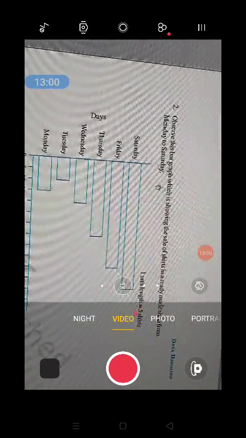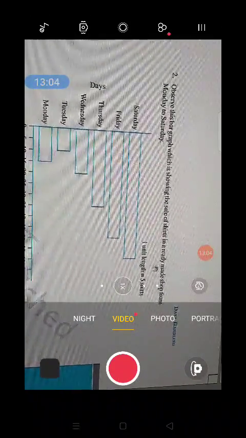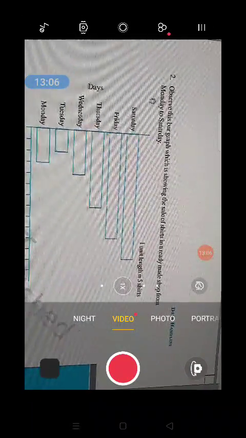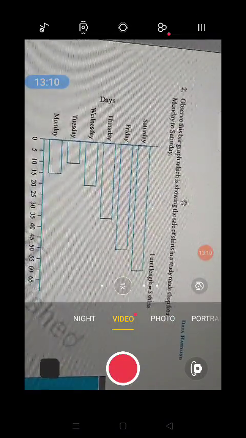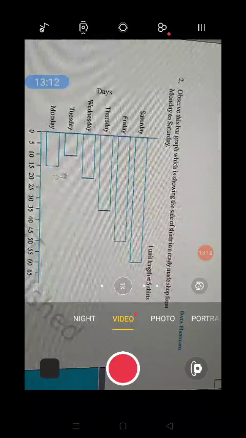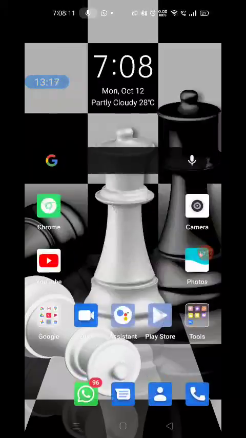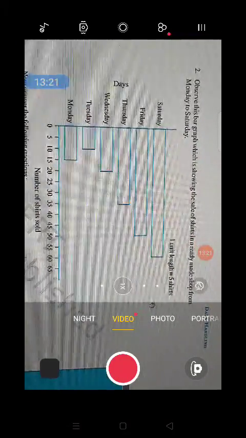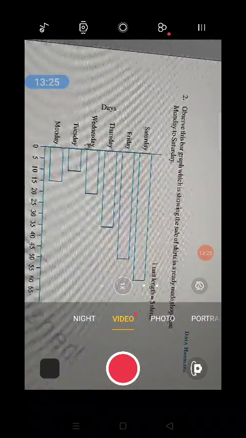Observe this bar graph which is showing the sale of shirts in our ready-made shop from Monday to Saturday. Okay, from Monday to Saturday, the sale of shirt data is provided in the graph. And the unit, 1 unit length equals 5 shirts. Okay, so here is the data.